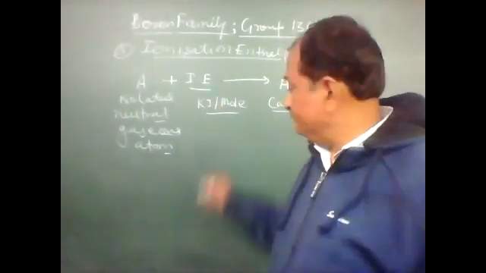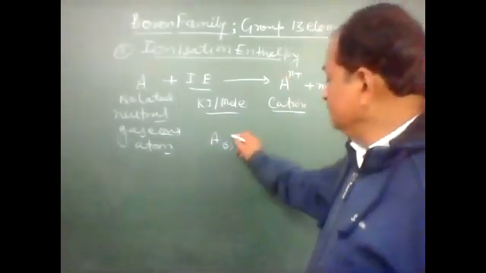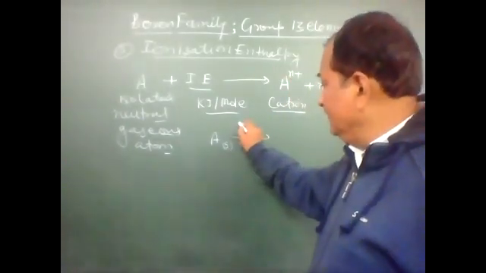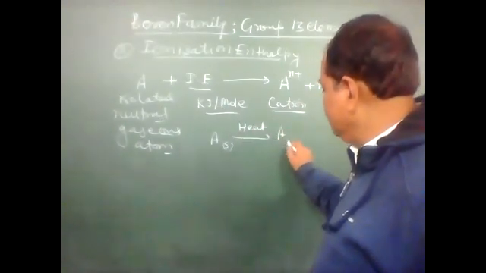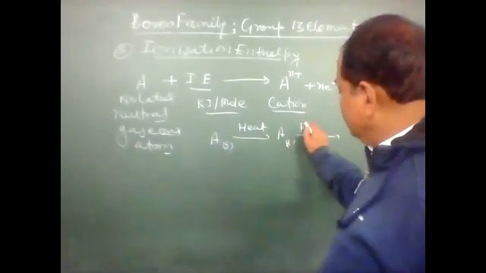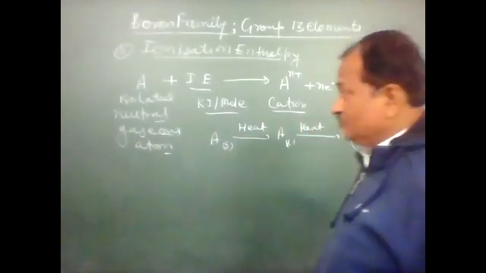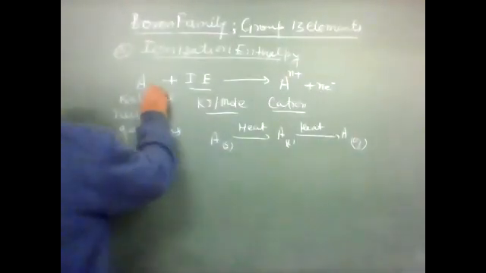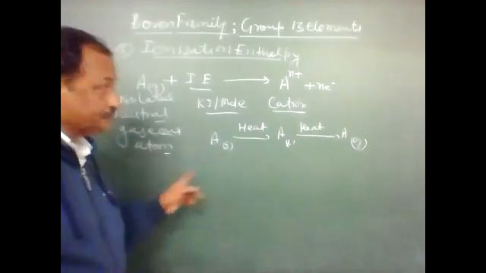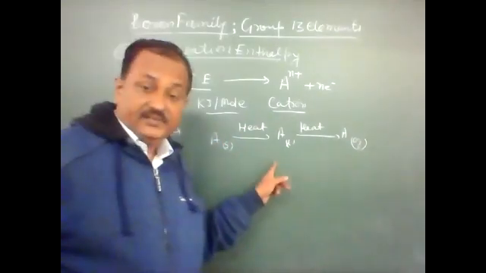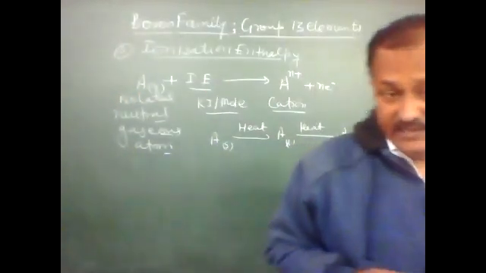So any atom, if there is atom A which is solid, first it has to be given heat, and A has to be converted to liquid. Again it is heated, and A has to be converted into gas. So here we take it in the gaseous form, and why is that? Because in nature there are different forms of elements.